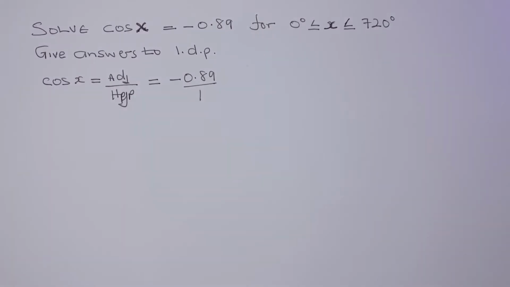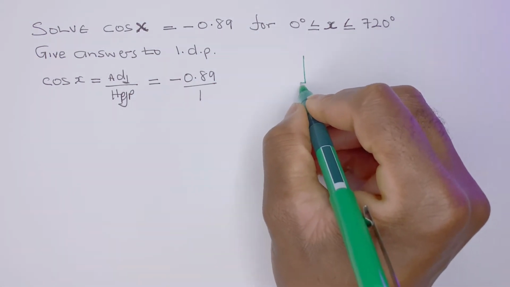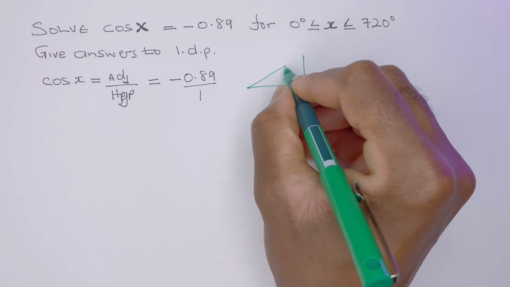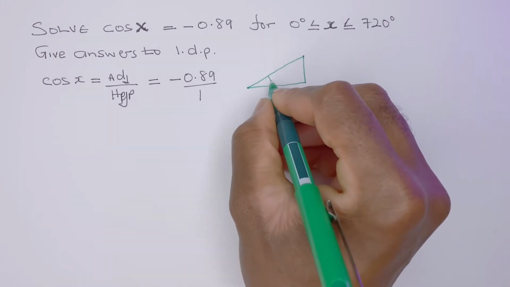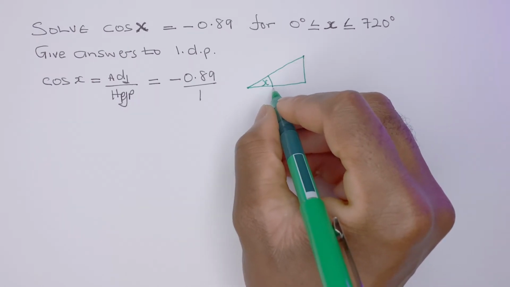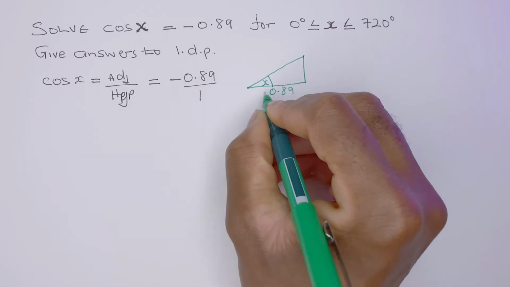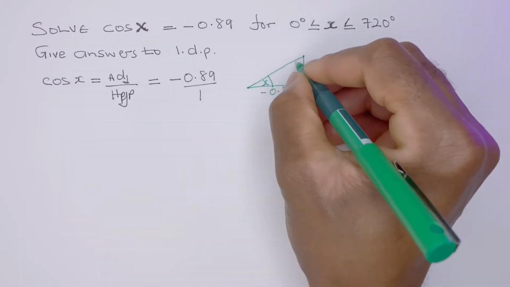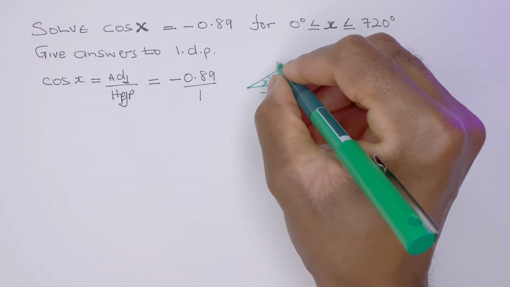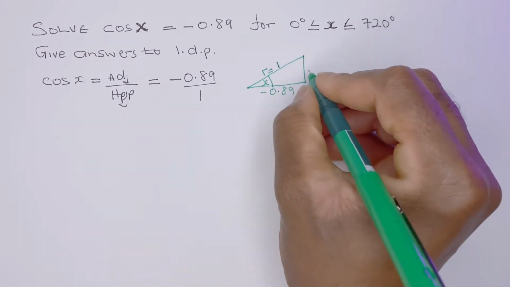So if we have a right angle triangle, this angle is x, and the adjacent of that is, in fact, minus 0.89, and the hypotenuse here is 1. So that means r equals 1, so it's a unit circle in this case.